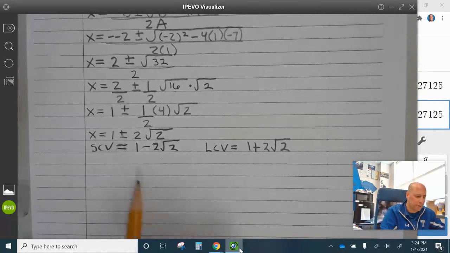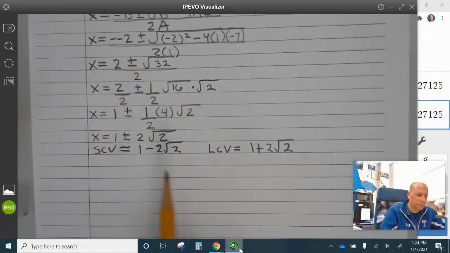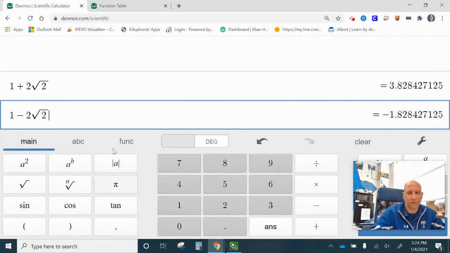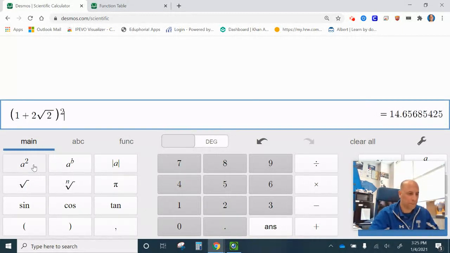Okay, so now to plug this into the inequality. That looks like it's difficult, but since we're using Desmos, we can make it easy. So, parentheses, 1 plus 2 square roots of 2 squared minus 2 parentheses 1 plus 2 square roots of 2.